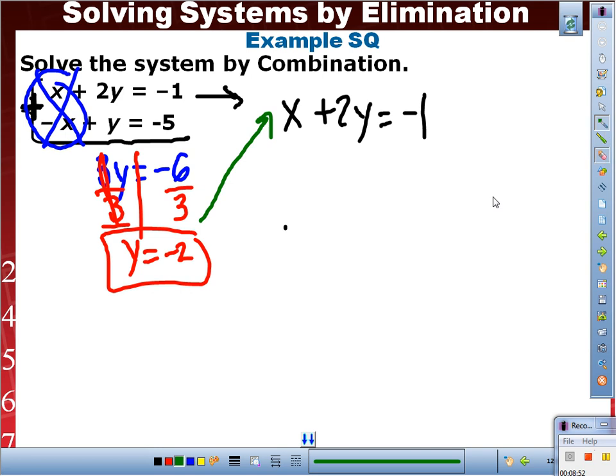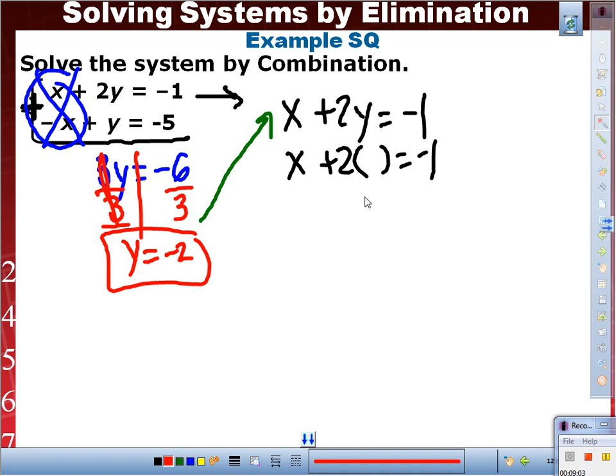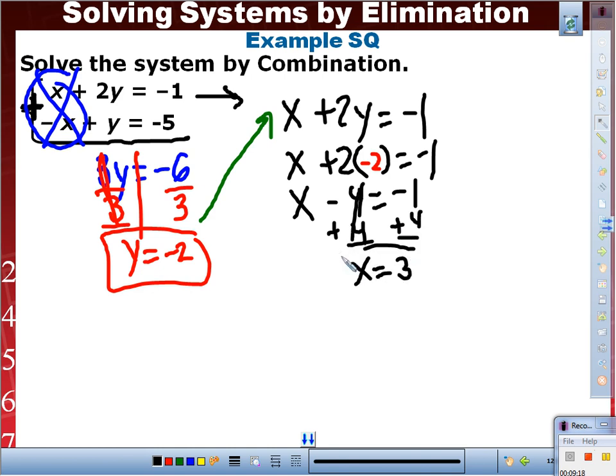So this becomes x plus 2 parentheses equals negative 1. And instead of y, what goes there? Negative 2. So therefore, x minus 4 equals negative 1. Plus 4, plus 4, x equals 3. Hands if you got it to right there.